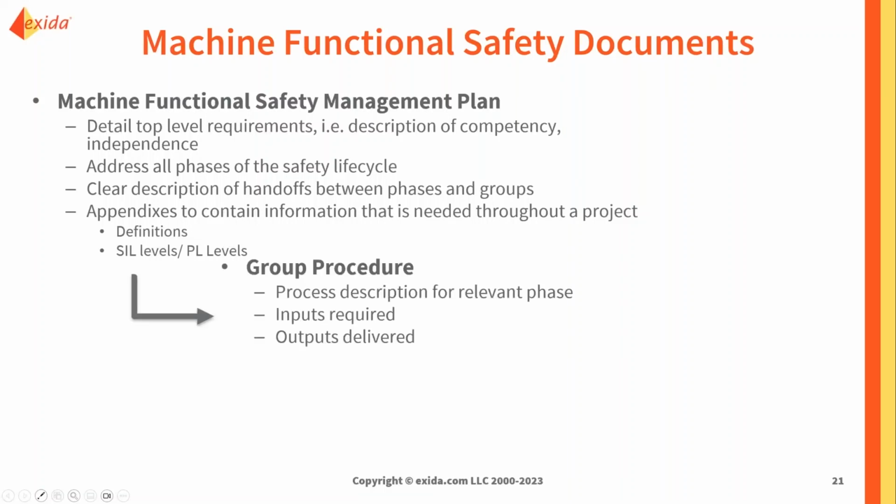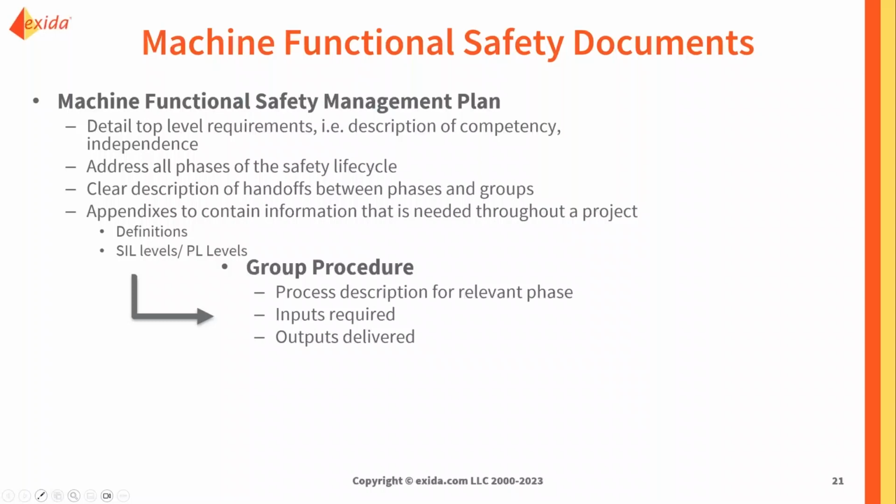Underneath that, we've got specific group procedures, which look in more detail at the process description for that relevant phase. So what is the process that we follow for a hazard and risk assessment? What is the process that we follow for identifying the safety requirement specification?